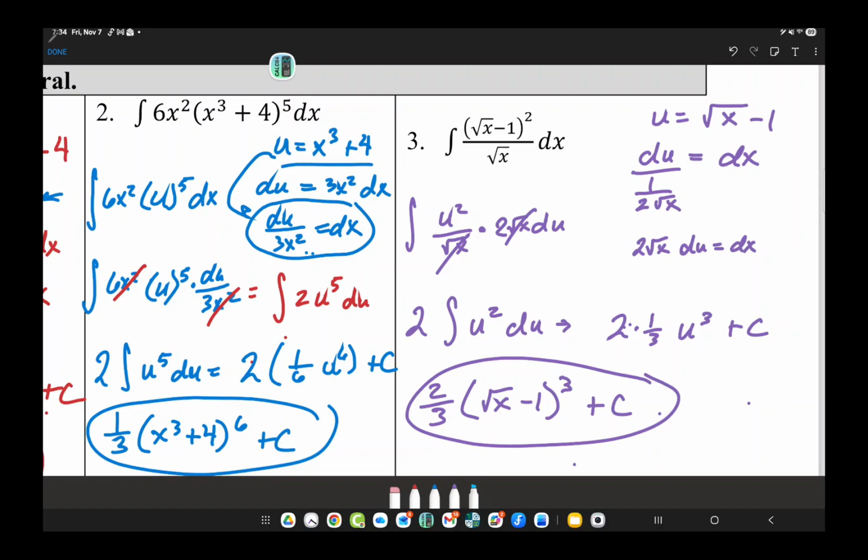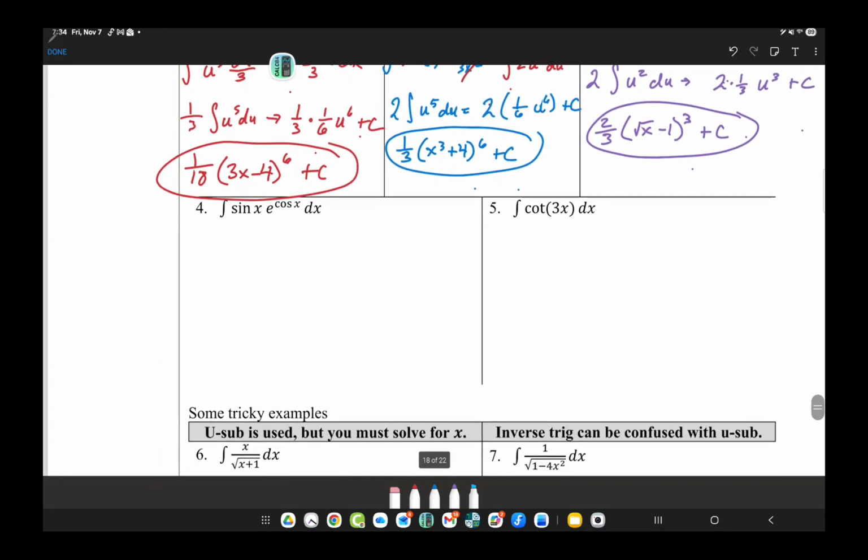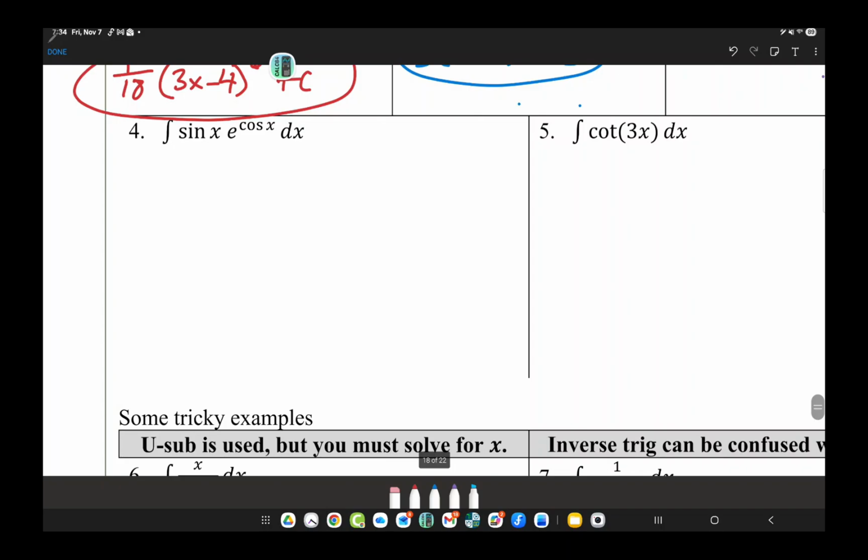So we're going to get to trickier ones and trickier ones as we go through here. So now let's look at this one. What are we going to substitute in for? We know the derivative of sine is cosine, so we could say that u is equal, don't write this down, u is equal to sine x, which means if we do that whole du over the derivative of cosine x times dx, is that going to cancel out the cosine in the exponent position?